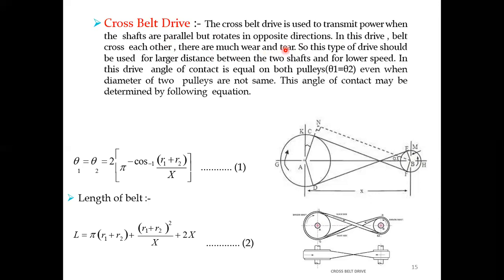In this drive, the belts cross each other, so there is much wear and tear. So this type of drive should be used for a larger distance between the two shafts and for low speed. In this drive, the angle of contact is equal on both pulleys. The angles of contact theta 1 and theta 2 must be equal.